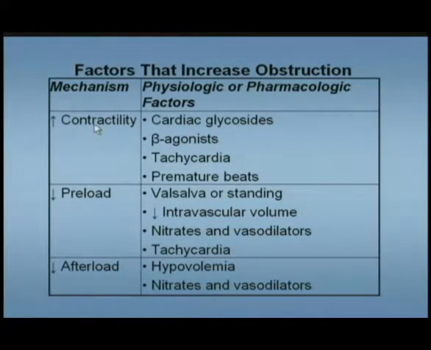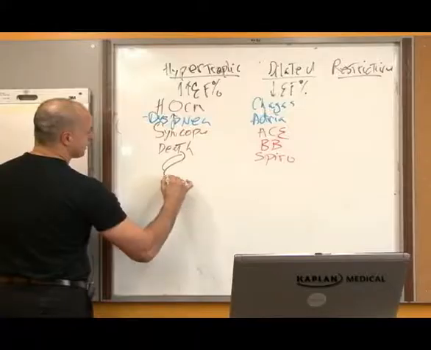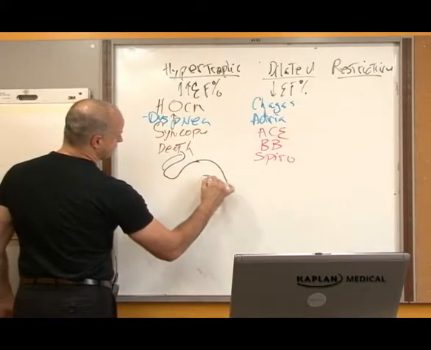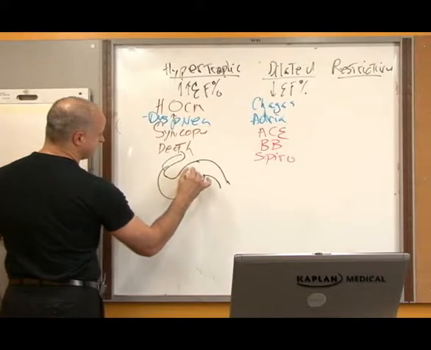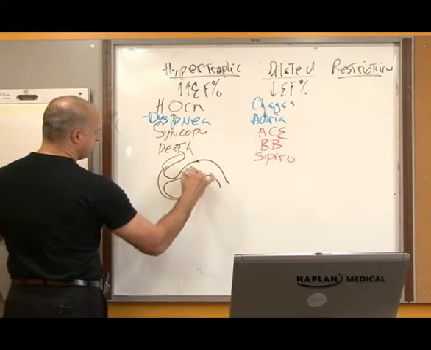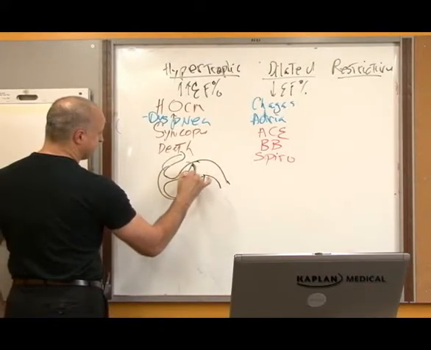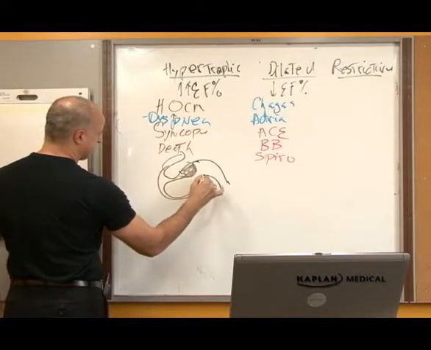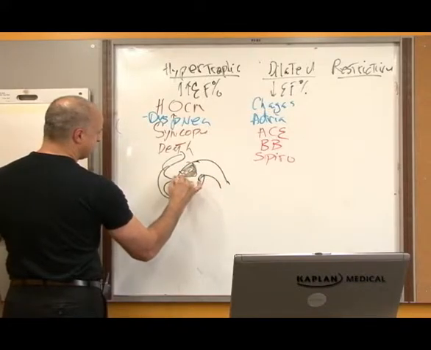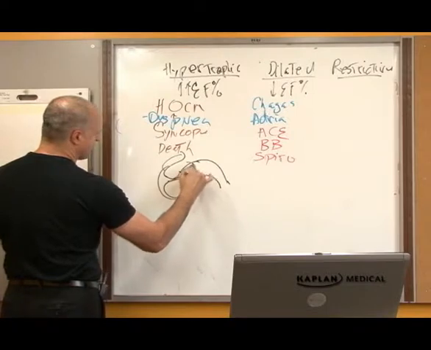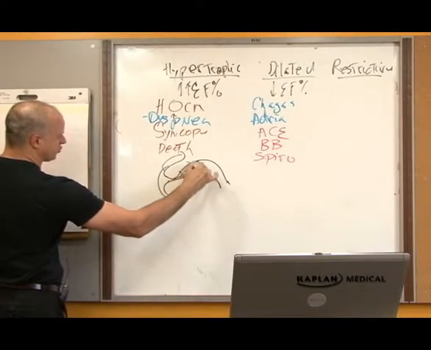When you have beta agonists and tachycardia, the ventricular chamber size gets smaller. See, this is the ventricle trying to empty. This is the extra hypertrophic piece of meat on the side of that ventricle. Asymmetric septal hypertrophy, the extra hypertrophic piece of meat on the side of that ventricle.